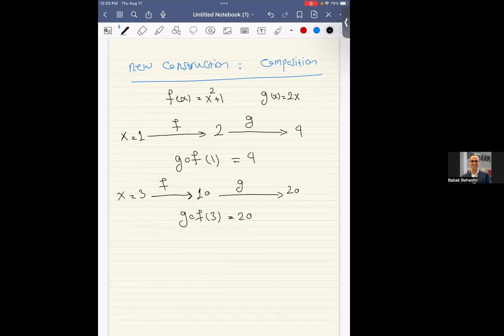So in general, when I say g o f, g o f of x, this is the definition. g o f of x is equal to g of f of x.